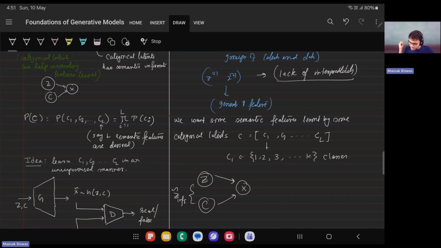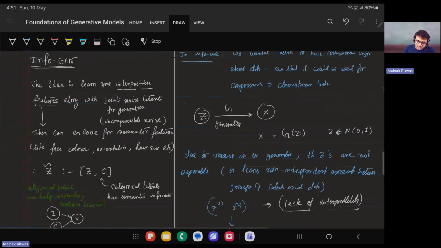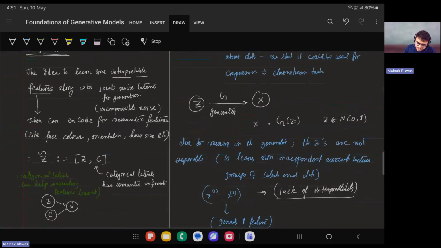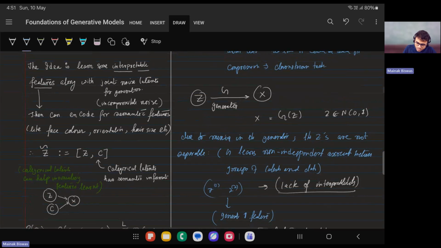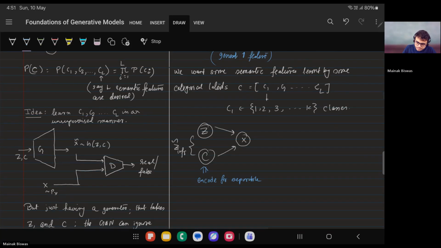Right. So especially what we want from Z is exactly this feature. We want C especially to encode separable semantic features.